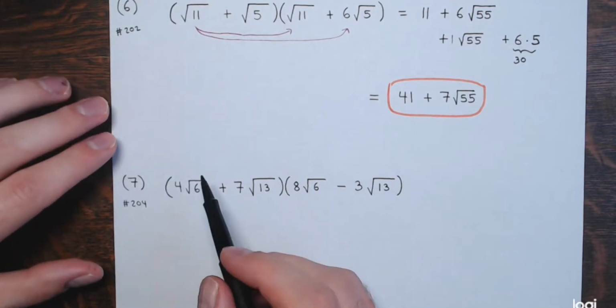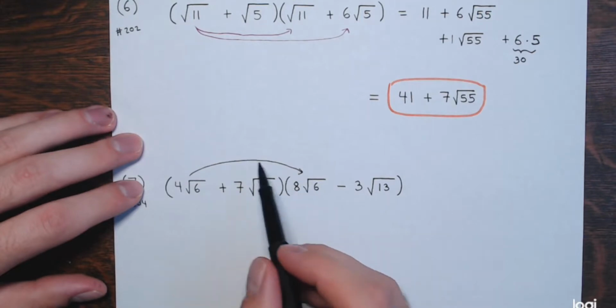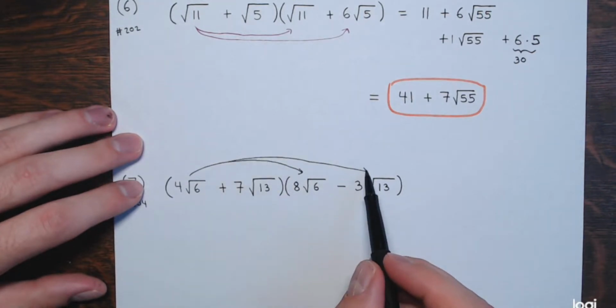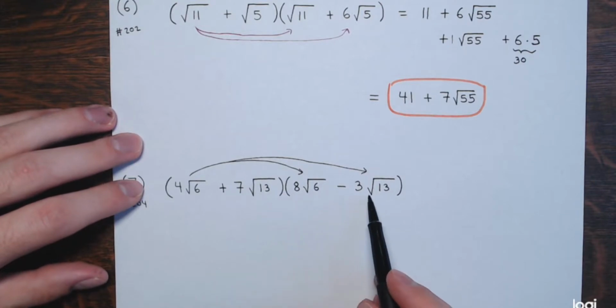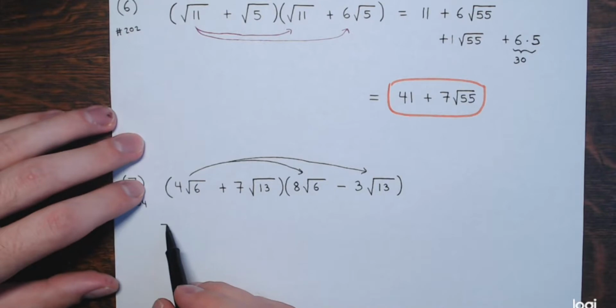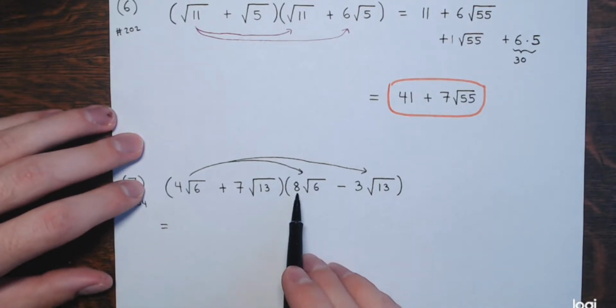So once again, I'm distributing, right? 4 times the square root of 6. I'll distribute that first to this 8 times the square root of 6 and negative 3 times the square root of 13 term. Alright, so 4 times the square root of 6 times 8 times the square root of 6.